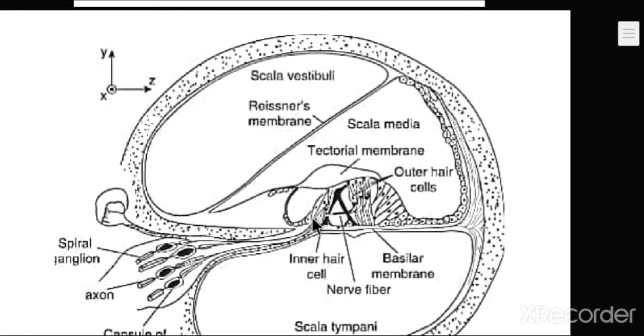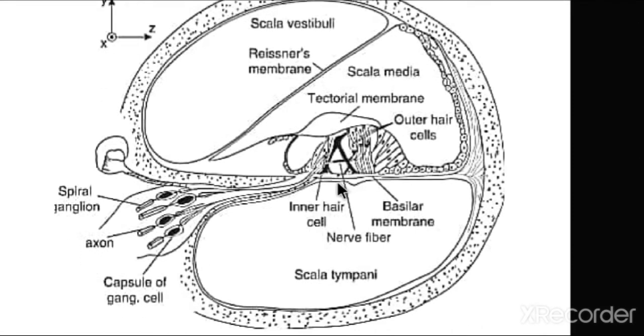This is the anatomy of the cochlea, and generally the cochlea is circular in shape. This is the cross-sectional view of the cochlea, and here we also see how the Meniere's disease mechanism occurs. Cochlea has three compartments: this is scala vestibuli, the middle one is scala media, and the lower one is scala tympani.